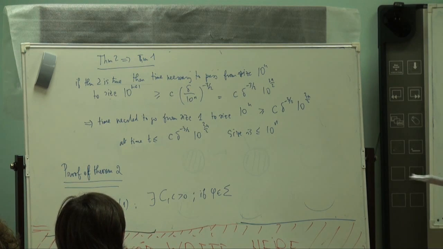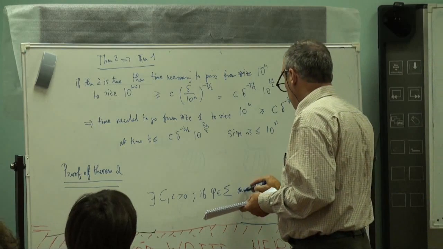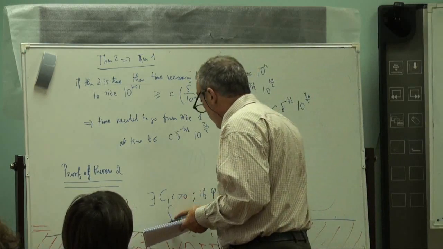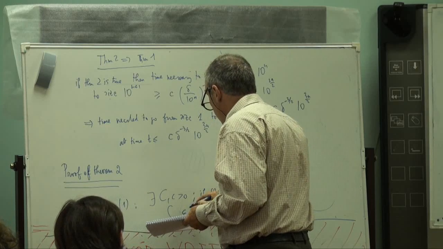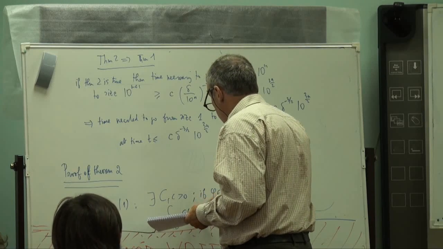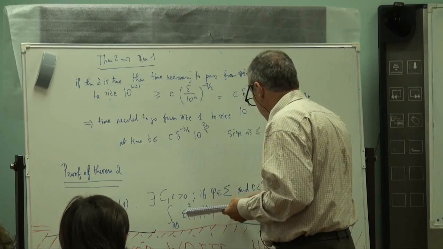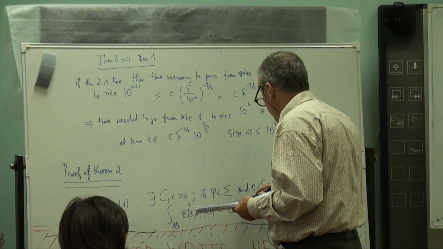and 0 less than delta less than 1, then the integral over d delta of epsilon of zeta delta squared d zeta is less than c times delta to the power 1 plus c.